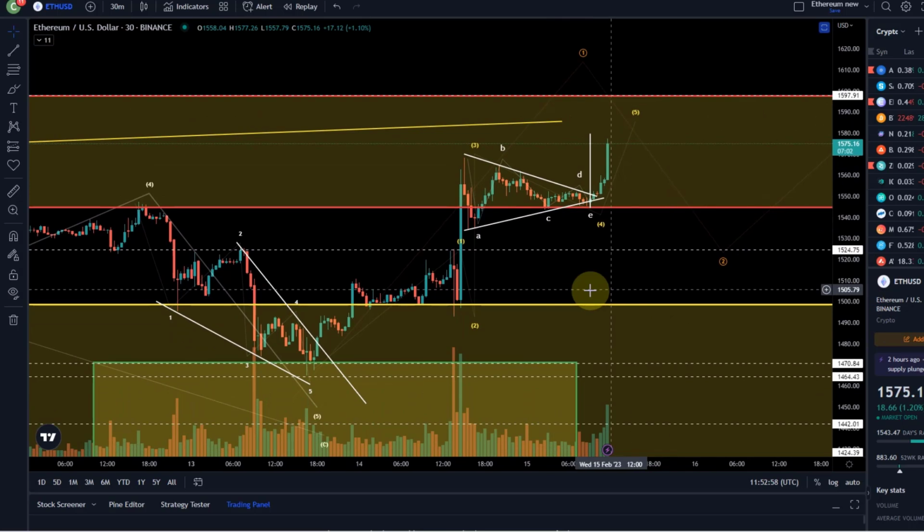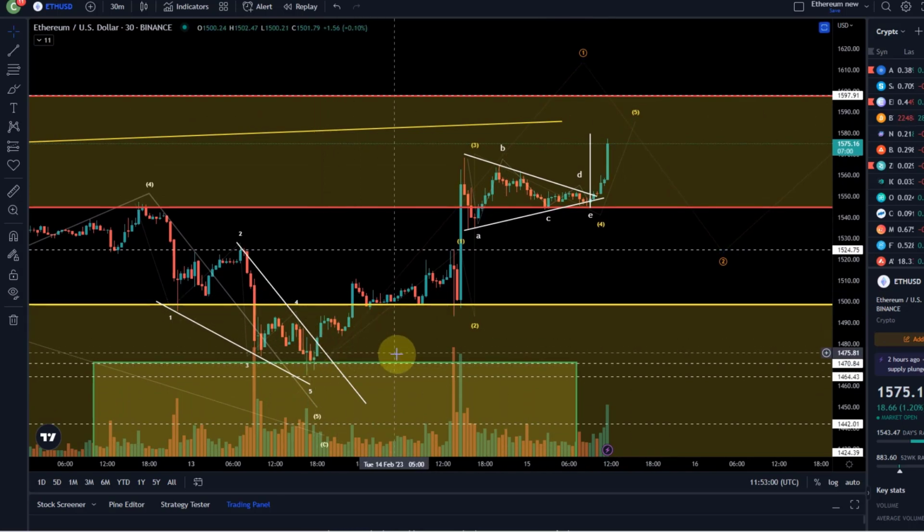In fact, I would actually think, looking at this entire move, that we might get an extended fifth wave. I cannot rule that out because wave 3 is quite short. Typically wave 3 in crypto is the extended wave. Typically wave 3 in crypto would reach the 1.618 fib extension. Here it didn't.